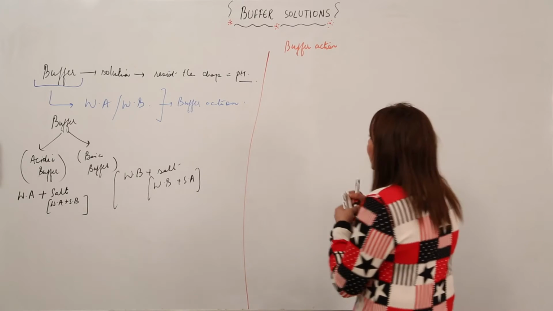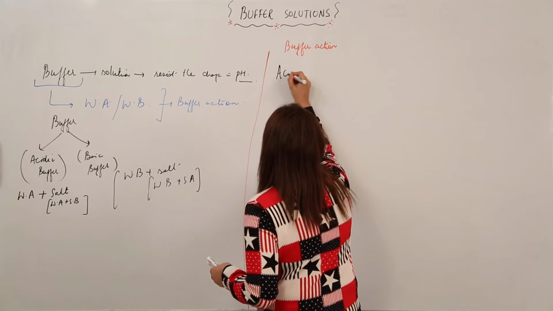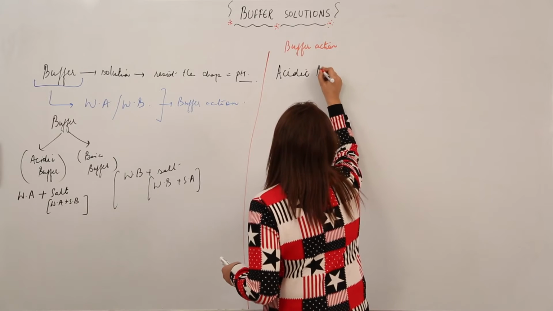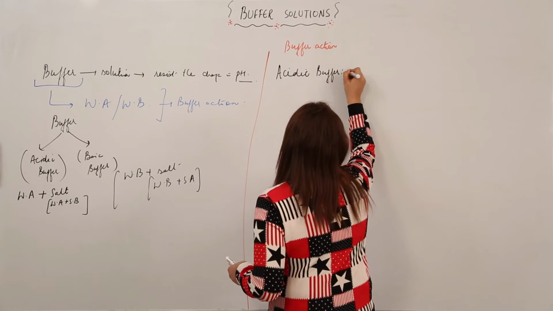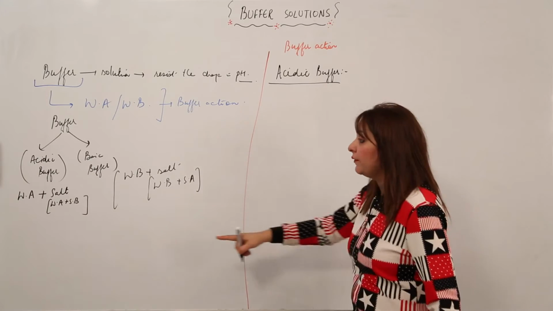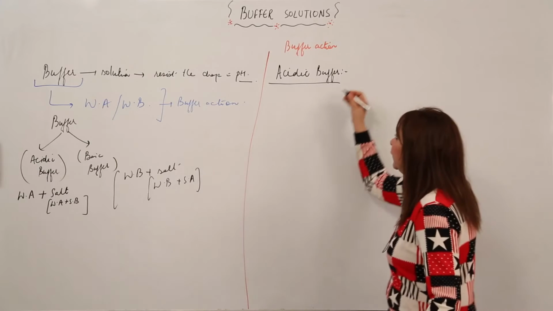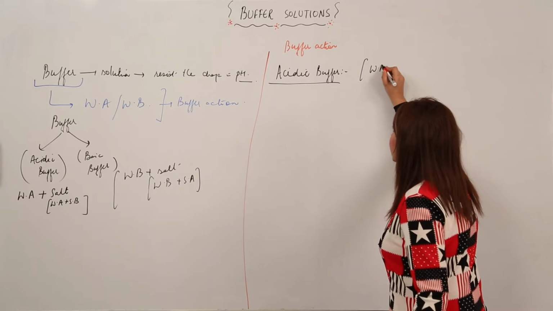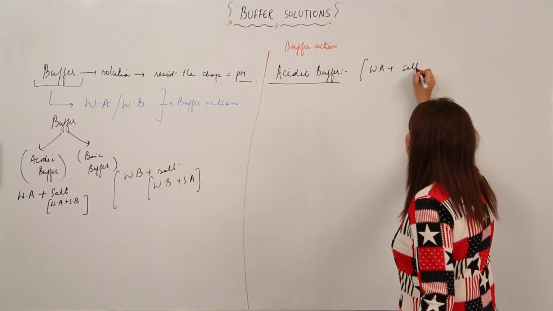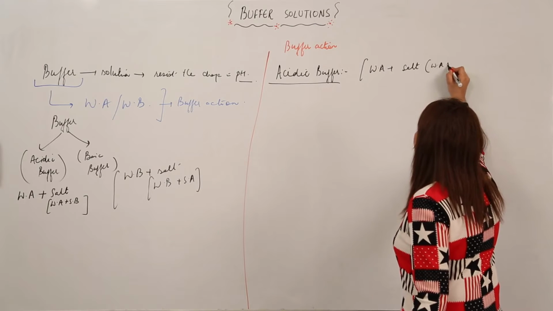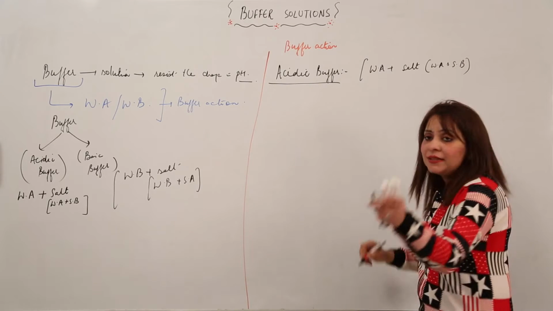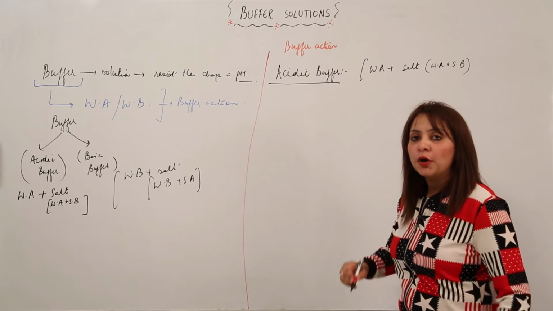So I am taking into consideration the acidic buffer first. As I told you, acidic buffer consists of weak acid plus salt of weak acid and strong base. Let us take an example to explain in a proper manner.